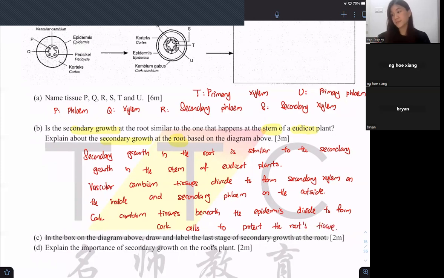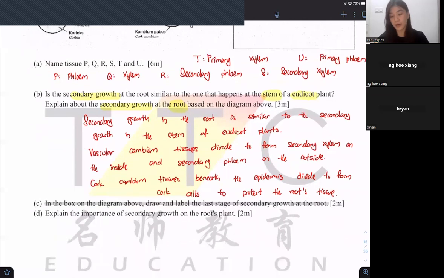Yeah, like this. Okay, done already. Let me know. So this one is for the root part.